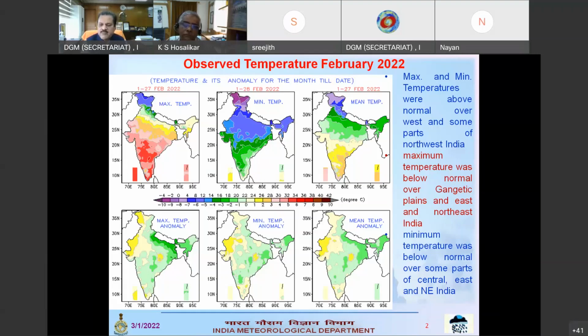It has been below normal only in a few pockets in eastern India, east central India, northern peninsula, and the northeastern states.